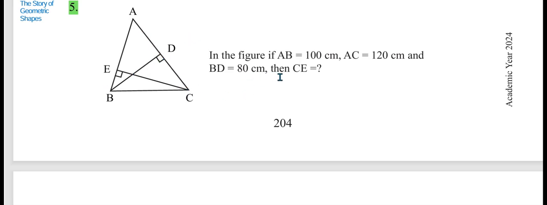And then what is the length of CE, where CE is vertical on AB. So we have to determine the length of CE. Here this small box is the sign of right angle, so BD is perpendicular to AC and CE is perpendicular to AB.